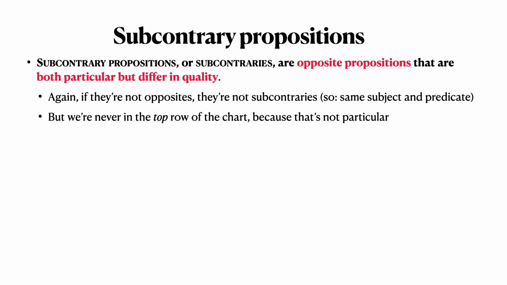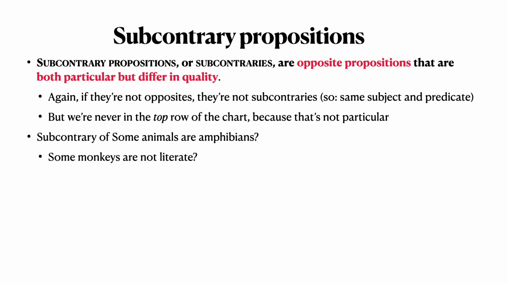Subcontraries are always going to be both particular, right? So that means I and O. Subcontrary of "Some animals are amphibians" is going to be "Some animals are not amphibians." What's the subcontrary of "Some monkeys are not literate"? That's going to be "Some monkeys are literate." All we're doing is moving from the affirmative column to the negative column, or from the negative column to the affirmative column, always staying in that particular row. "All boojums are snarks": that's the trick question again.